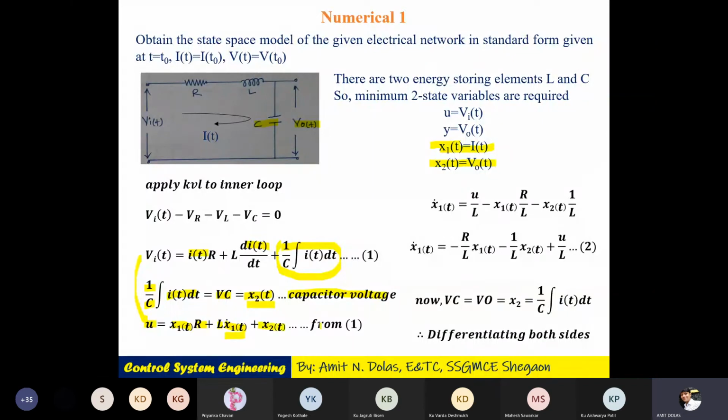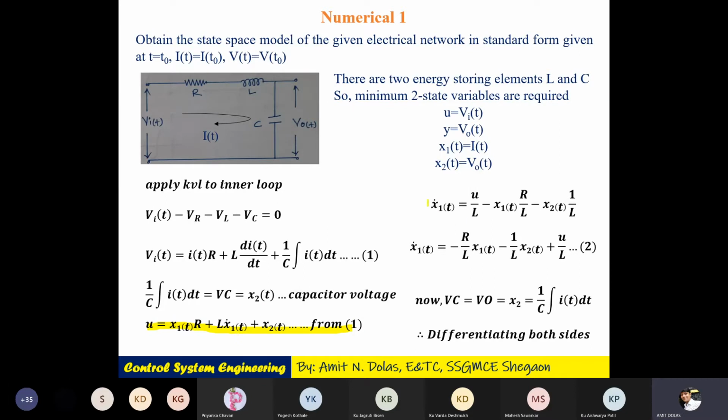So this is x2. So from equation 1 we obtain this. It is in the form of elements of the system, input, and the state of the system.